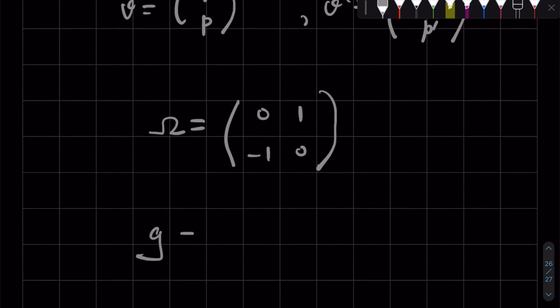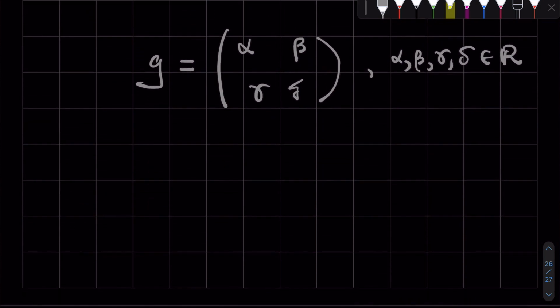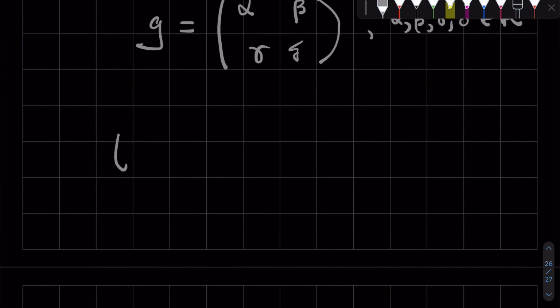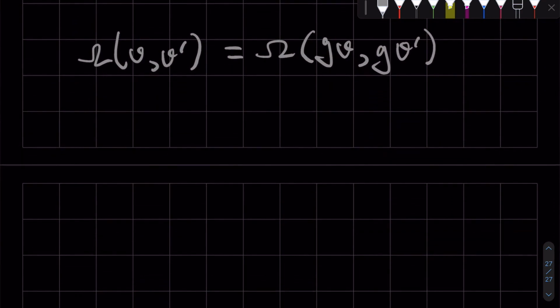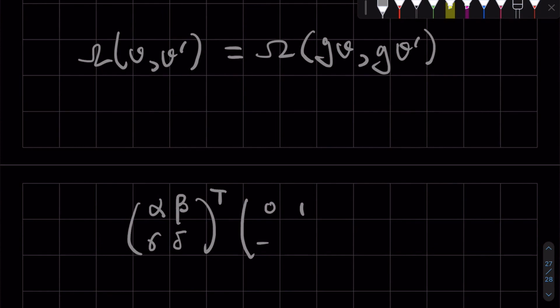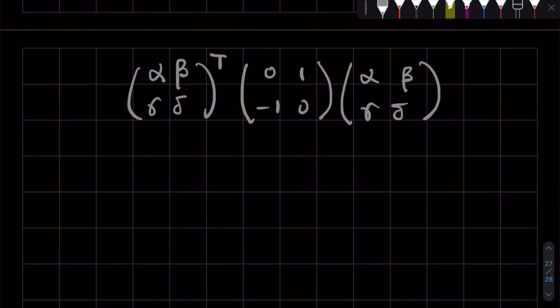And now if I represent my 2 by 2 matrix by, say, alpha, beta, gamma, delta, where alpha, beta, gamma, delta are real numbers, then the equation omega(v, v prime) equals omega(g v, g v prime), because v and v prime are arbitrary, becomes: the matrix (alpha, beta; gamma, delta), its transpose, and then (0, 1; minus 1, 0), and then (alpha, beta; gamma, delta), equals (0, 1; minus 1, 0).